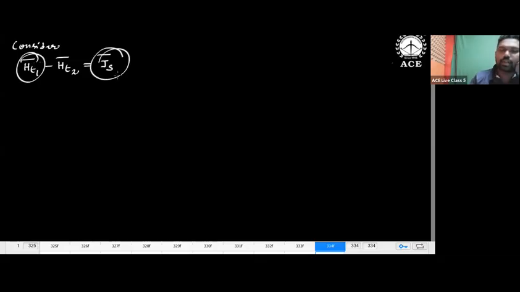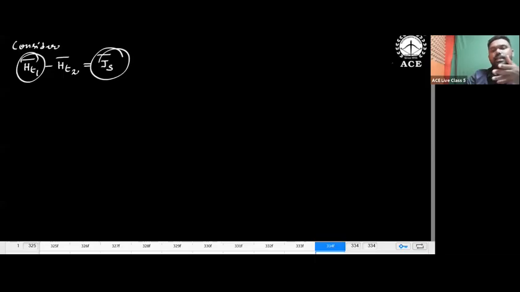Consider this boundary condition. What it is? Ht1 minus Ht2 is equal to Js. Listen carefully. Can I write this one in the vector form like this directly? Vector, vector, vector. No. Why? Because magnetic field direction and current direction are not same.